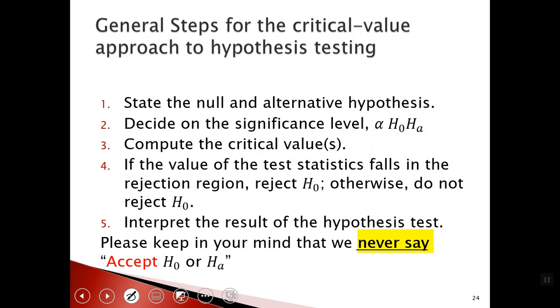The last thing you should know is that there are a few general steps. First, state the null and alternative hypotheses. Then decide the significance level alpha. Compute the critical value based on your alpha.